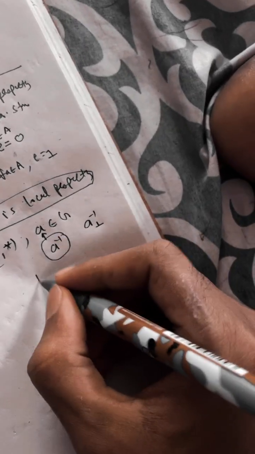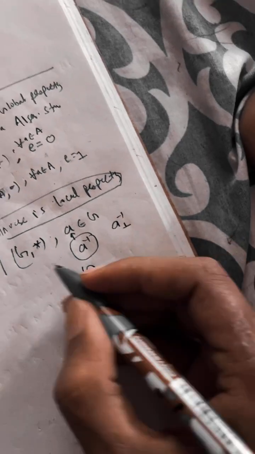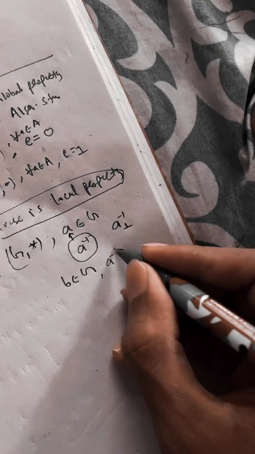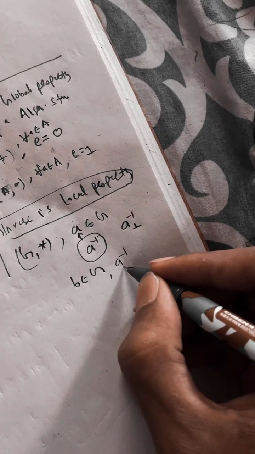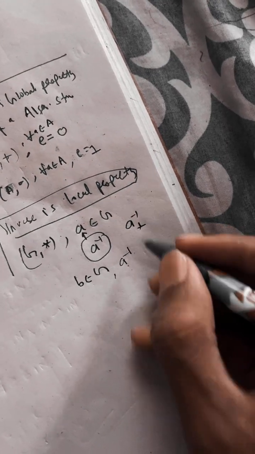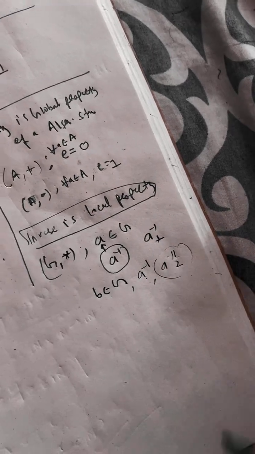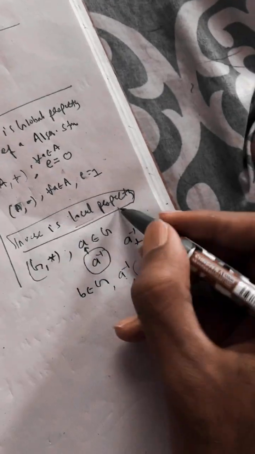If we choose another element b from the same set G, then it has a inverse 2, but this will be different from a inverse 1. What I am trying to say is, inverse is a local property.